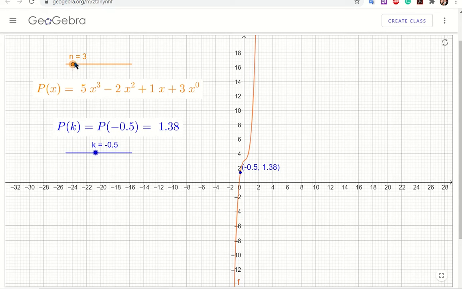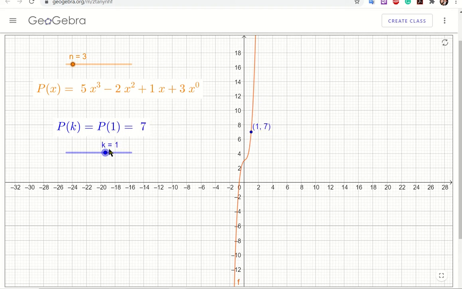Now if I slide k here, we can see the output of this function for that x value. Okay, you can see the point moving around there, but also notice that p of k is equal to p of the number in there, and I've got the answer here. And if I pick on an easy number like 1, and 1 raised to any power is just 1, right?